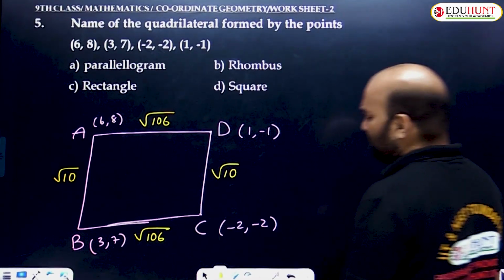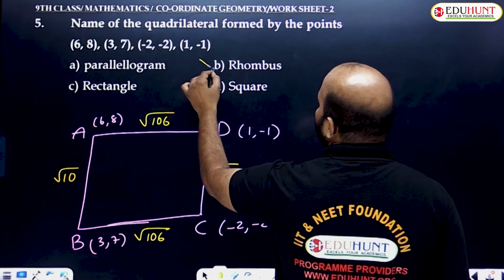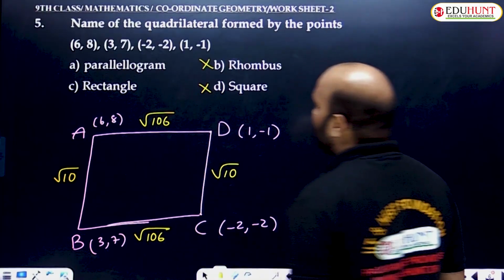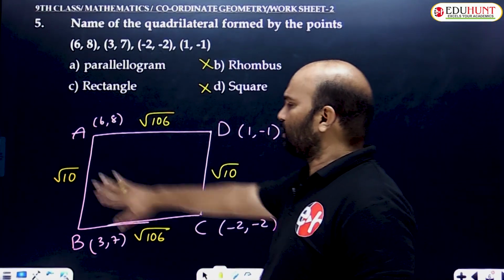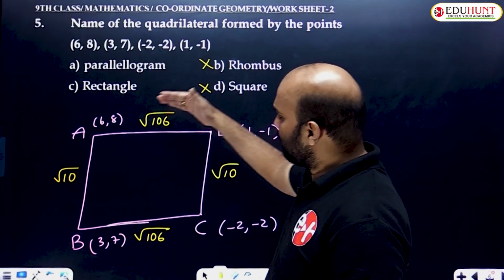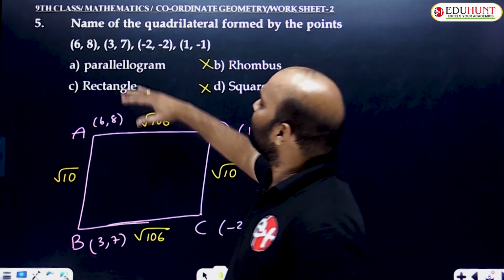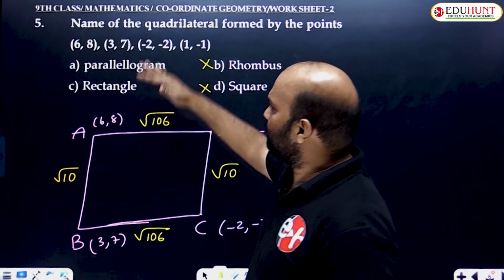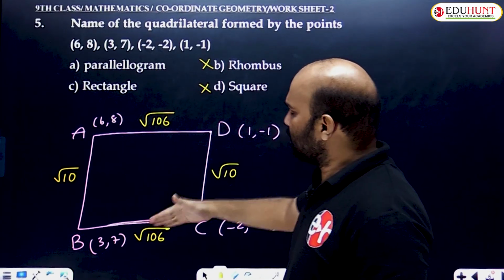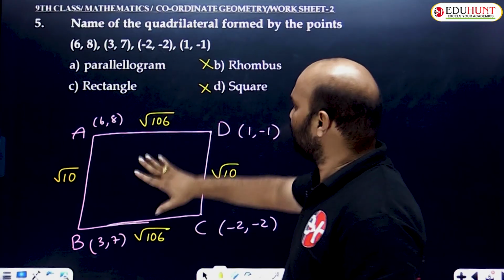If opposite sides are equal, through option verification we can eliminate rhombus and square, options B and D, because in a rhombus all sides are equal, and in a square also all sides are equal. Here opposite sides are equal. So the given quadrilateral may be a parallelogram or a rectangle. We don't know yet, because in a parallelogram or rectangle opposite sides are equal and parallel.